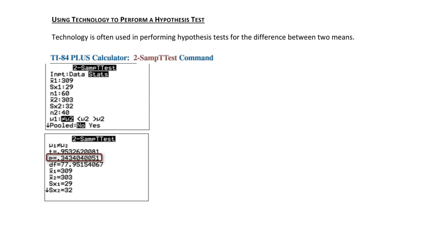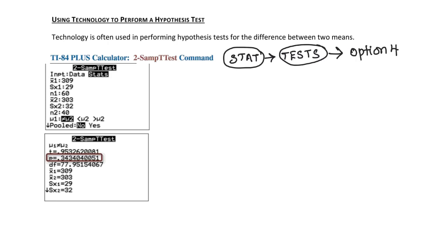If you are using the calculator to perform this hypothesis test, press stat, then test, then option 4, that is 2-SampTTest.